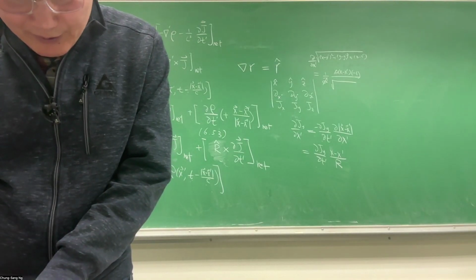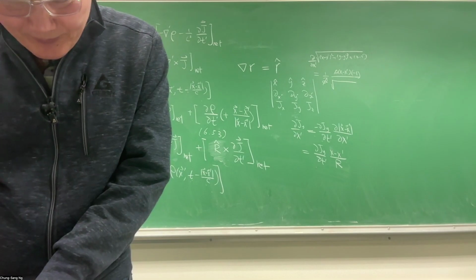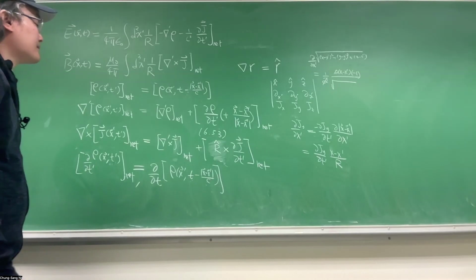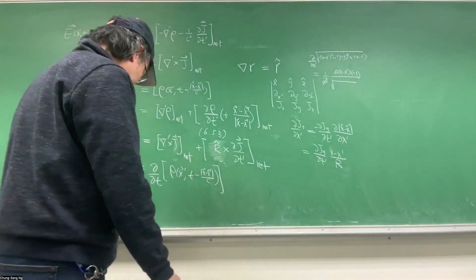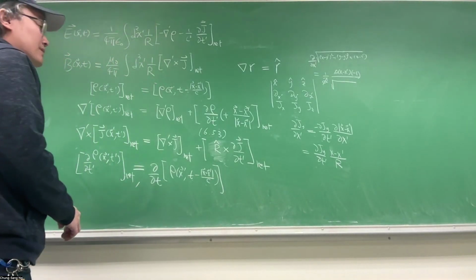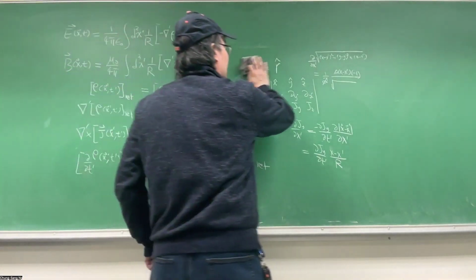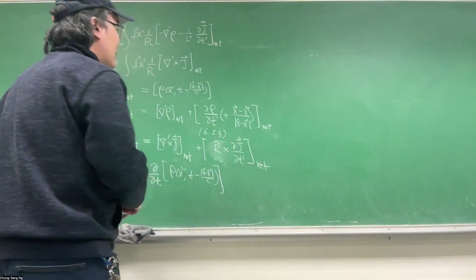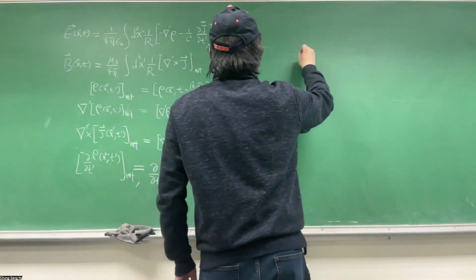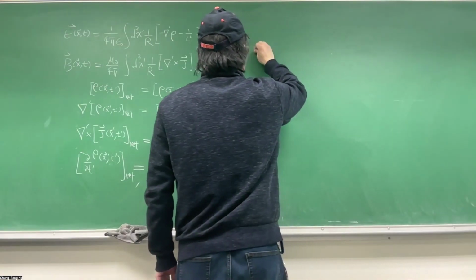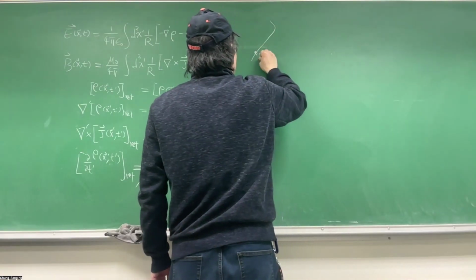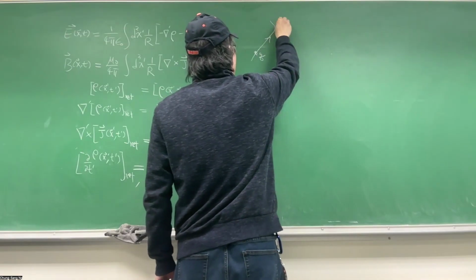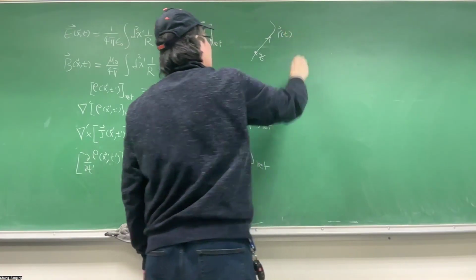And the reason why you do that is we want to apply it to a situation for a point charge, right? A point charge is just a charge q moving around over a trajectory, so we call it R as a function of t.